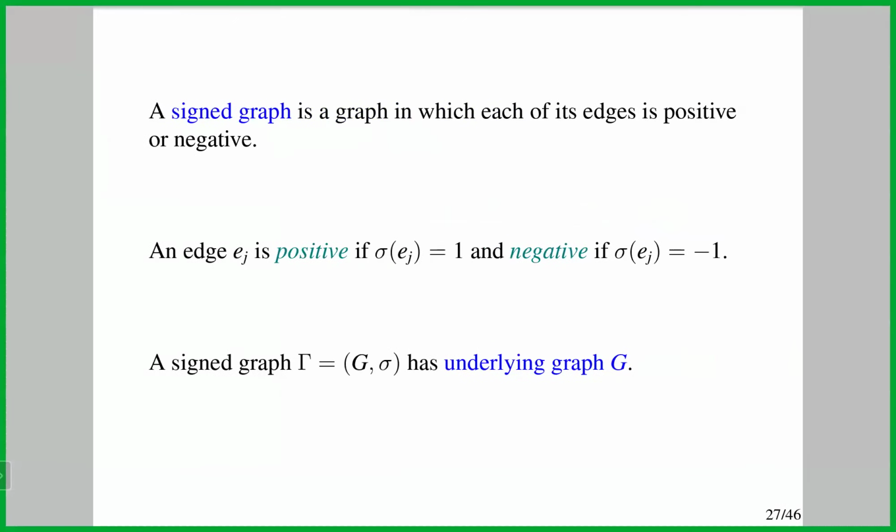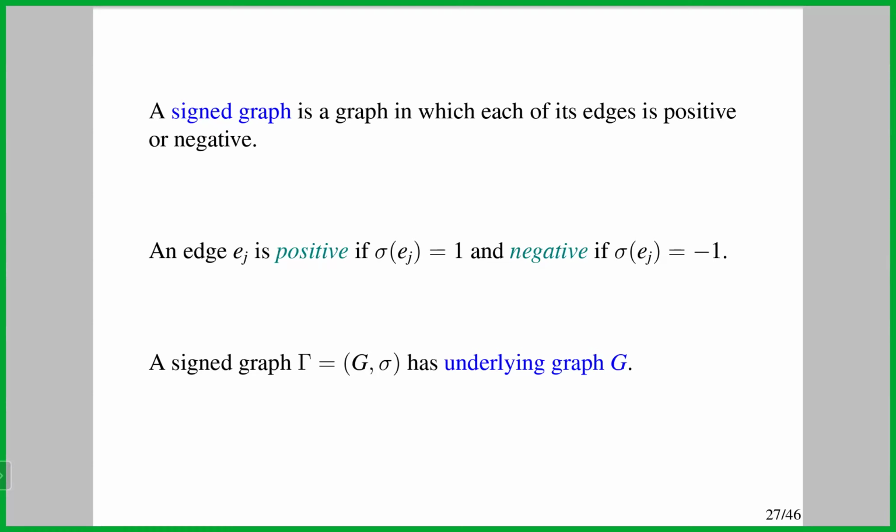So a sign graph is a graph in which each of its edges is positive or negative. That means each edge has a sign, positive or negative. In a friendship graph, there is an edge between vertices i and j if you know each other, or in an acquaintance graph. But here you can think about it like you know somebody, but either as a friend or an enemy, friend or foe.